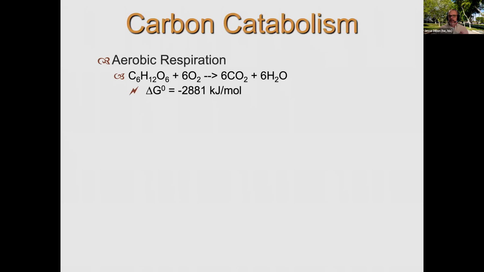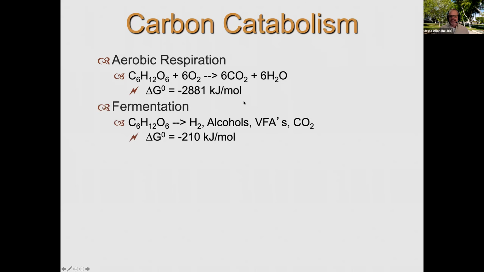So negative almost 3,000 kilojoules per mole is a huge amount of energy, and that's why glucose respiration is so efficient and so favorable. By contrast, you get about 1/10 of that if you ferment the same glucose molecule.